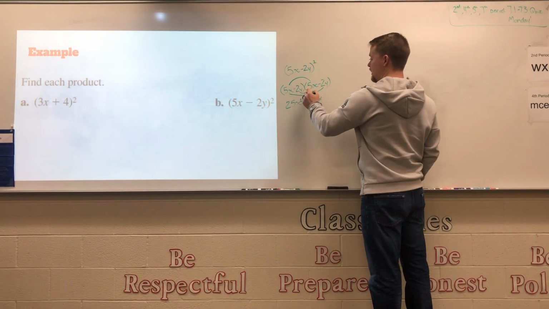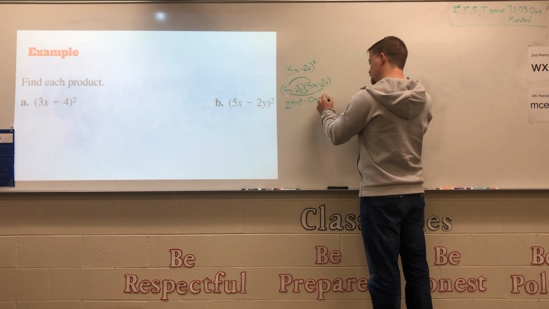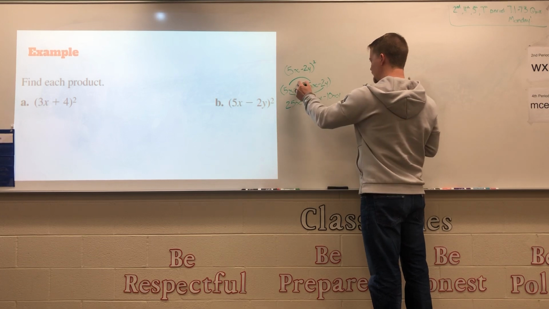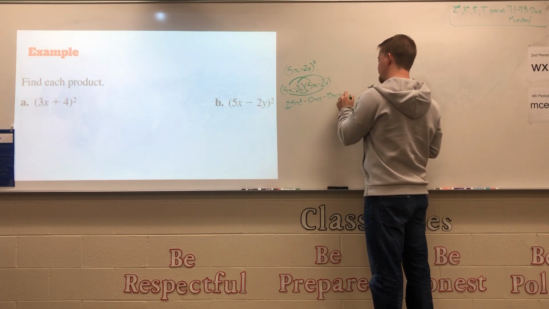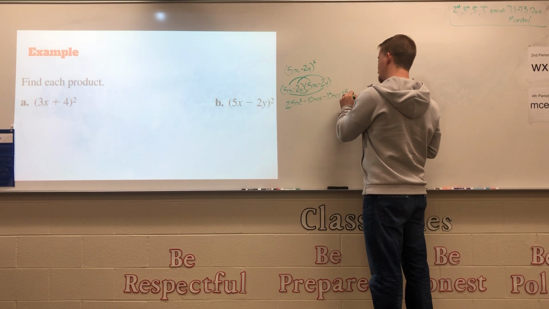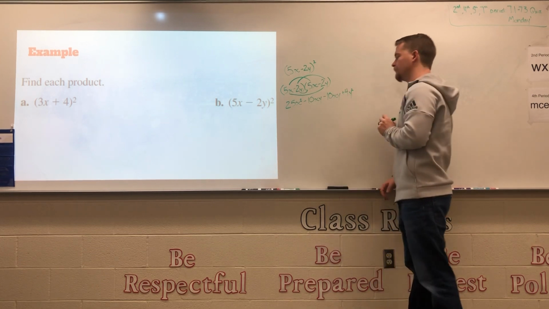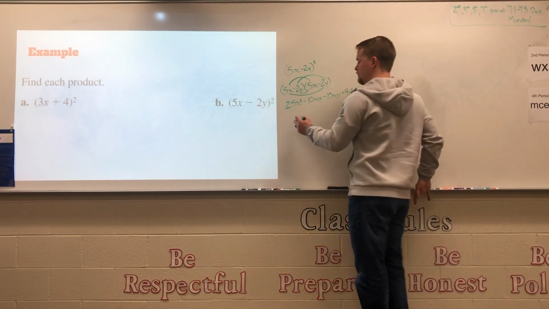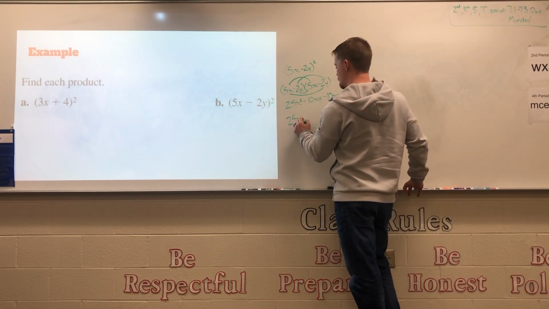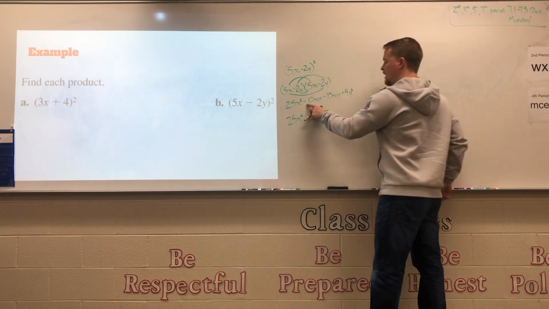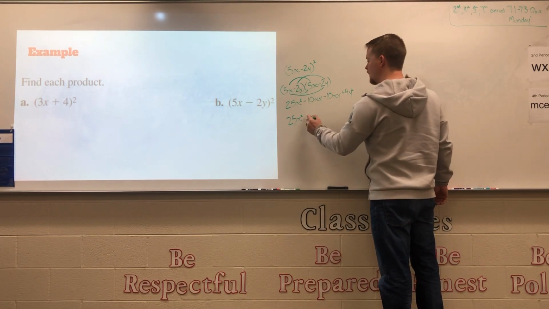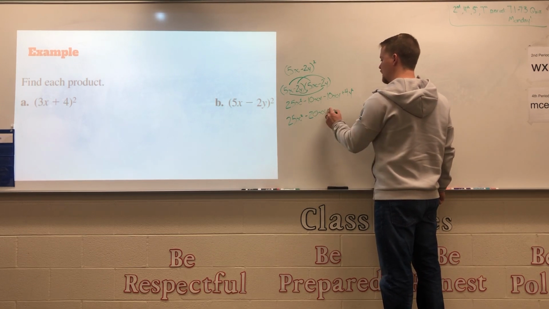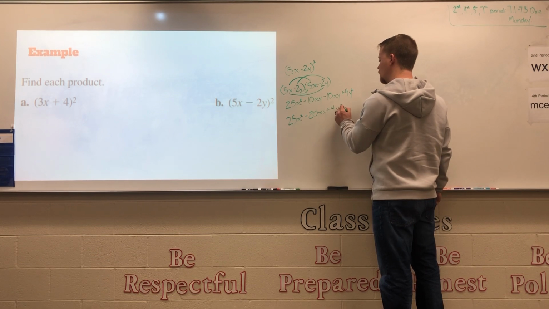Then we do inner, negative 2 times 5x is also negative 10xy. And then last, negative 2y times negative 2y would be positive 4y squared. Okay, so then I have to combine like terms, bring down 25x squared, combine negative 10xy and negative 10xy to become negative 20xy, and then we have plus 4y squared.